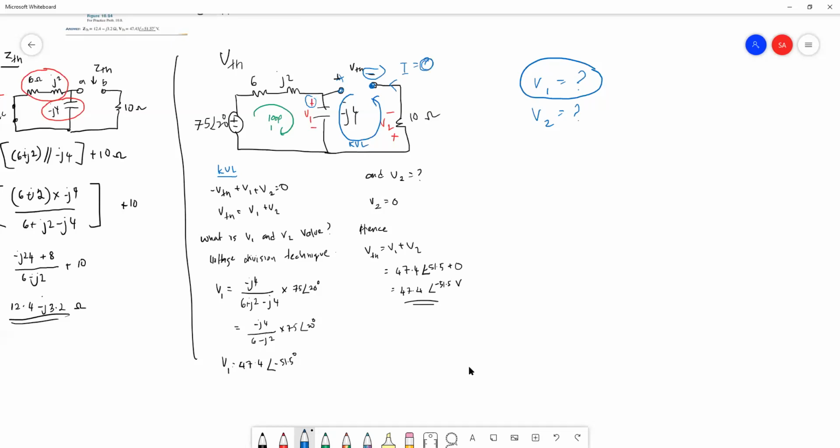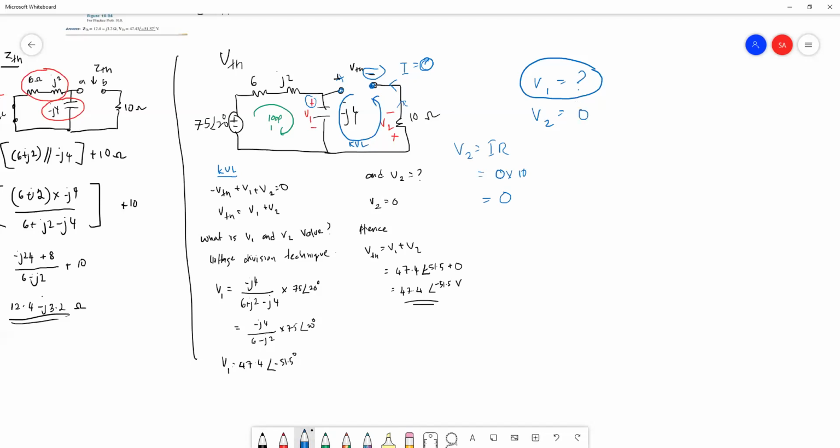So when this current is 0, what is your V2? V2 is I multiplied with the resistor, but right now your current is 0 multiplied with 10. So V2 is 0. You don't need to calculate V2, it is already 0.